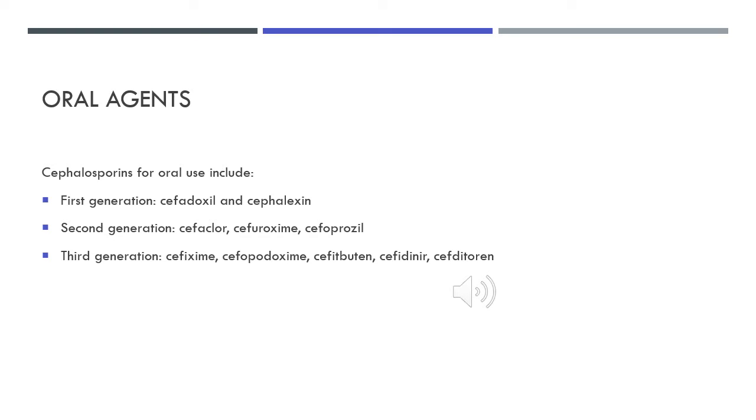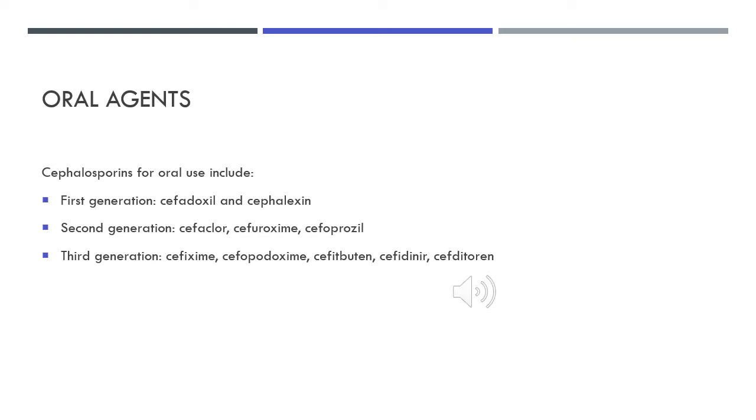I'm just going to add one slide about oral agents, because really, a lot of the conversation was already about the cephalosporins, but very specific oral agents are listed here, and cephalexin, I feel like, tends to be the most commonly prescribed oral cephalosporin, which is Keflex. But obviously, the other medications here are certainly options for anyone to utilize.